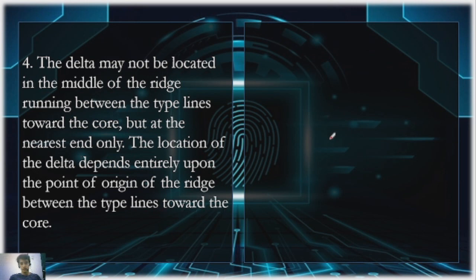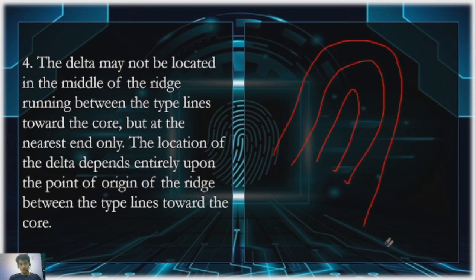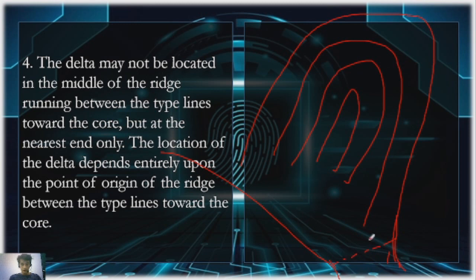Okay, so let's say we have here again another simple loop illustration. Let's say the point of divergence is in here. The two ridges are facing each other, and this is the point of divergence.